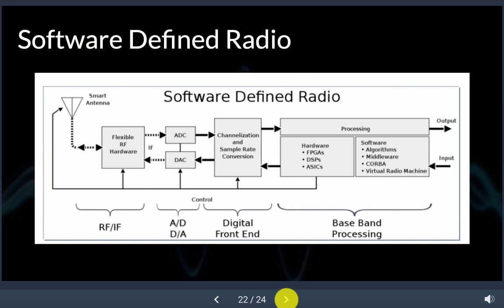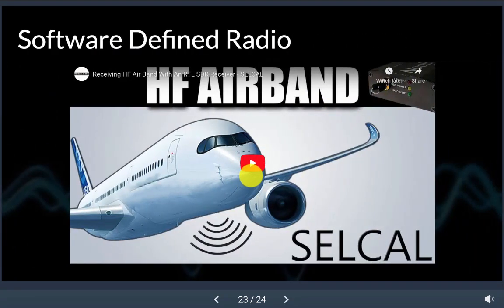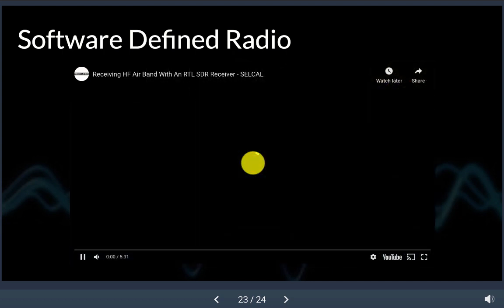There aren't VHF antennas every 50 miles like there are on the mainland, so they have to use that really low frequency that travels across continents. And you can use that $22 SDR. This is just an example of someone using it to listen to those HF signals coming from aircraft crossing the ocean.